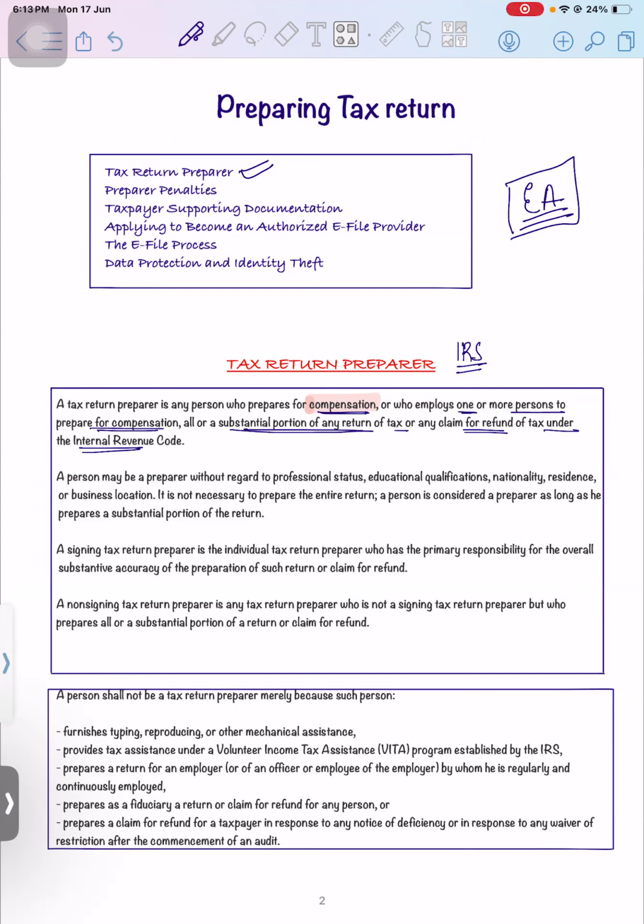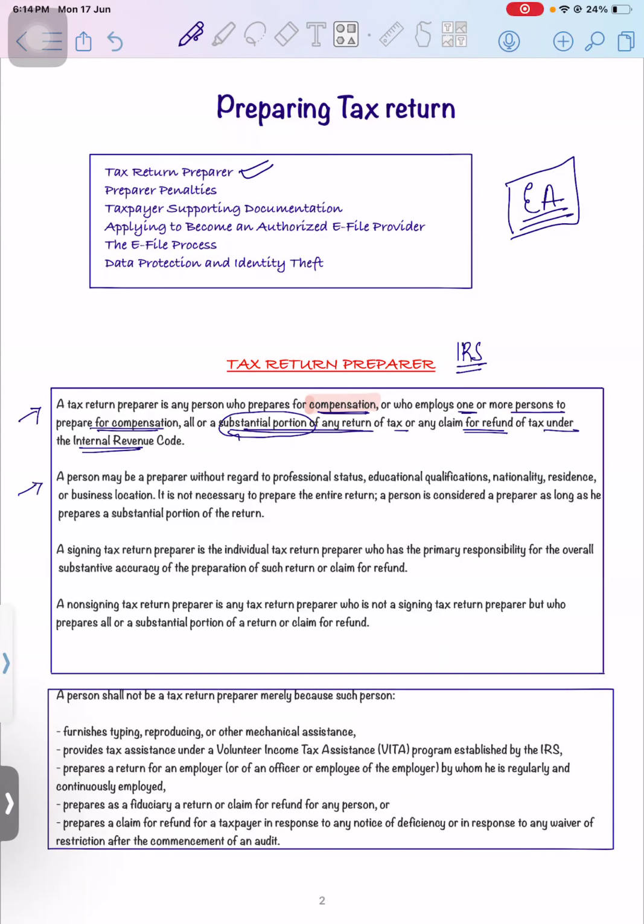I am just preparing a normal tax return on his behalf. I know I am preparing the substantial portion of the return, but the person who will ultimately be responsible is the one who is receiving the compensation for preparing that return. So the first point is clear, everyone: you should be receiving the compensation.